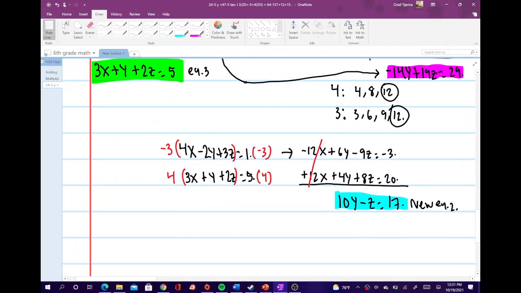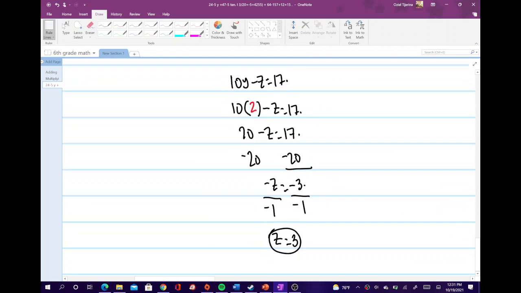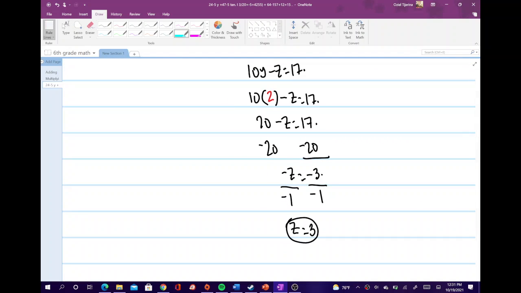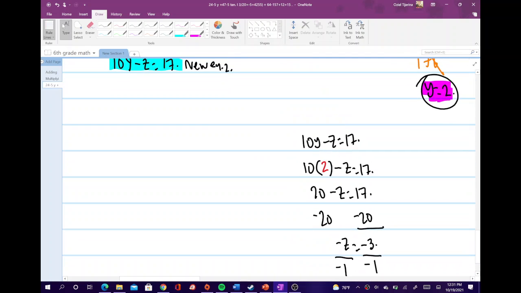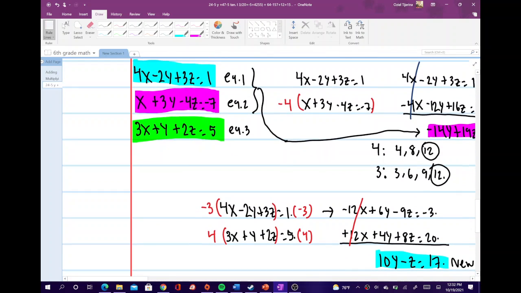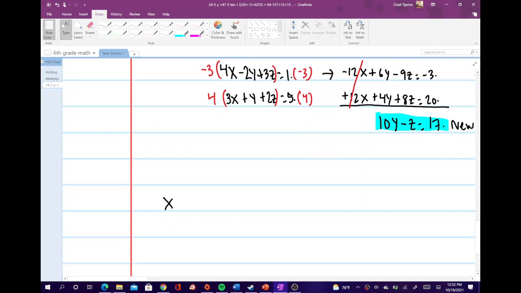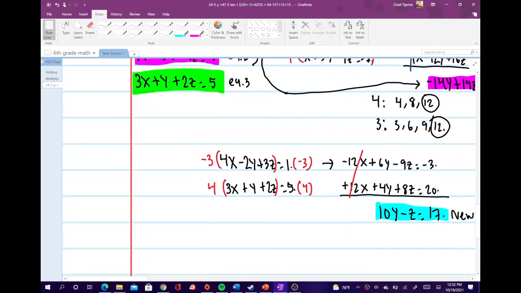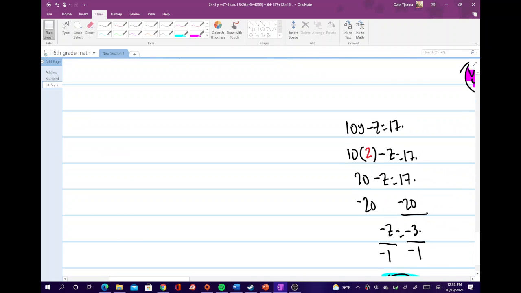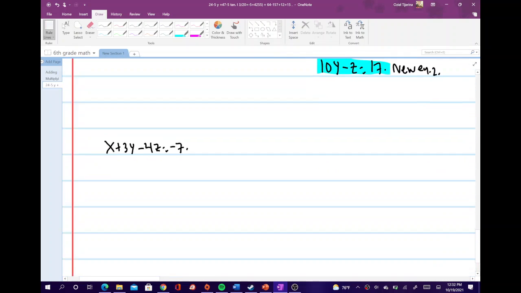And now, all you have to do is just plug y and z into one of the original equations. So we have z equals 3, y equals 2, and we want to solve for x. So I'm going to choose the second equation since it already has x by itself. I have x plus 3y minus 4z equals negative 7. And again, I have y equals 2 and z equals 3.